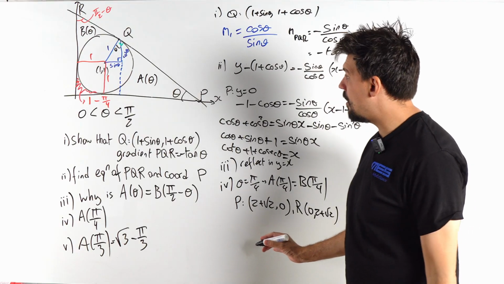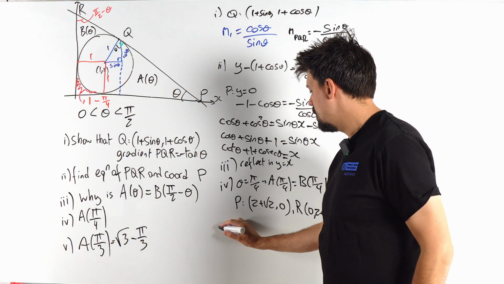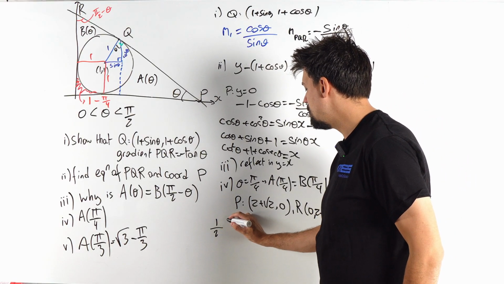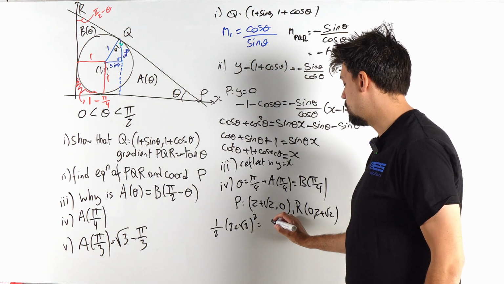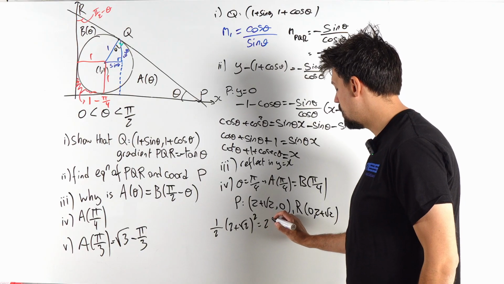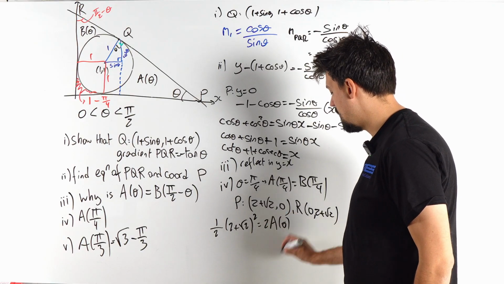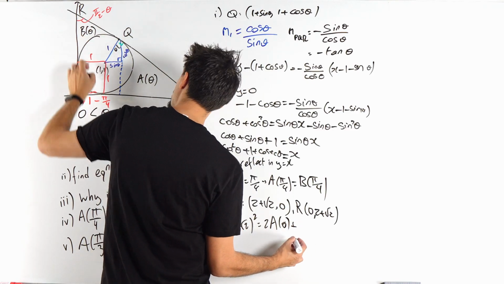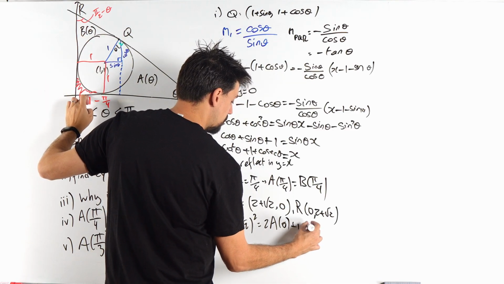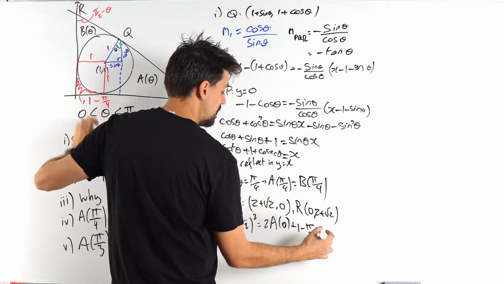So the area is now going to be the triangle, half base times height, is equal to a theta plus b theta, but we've established they're just the same things. That's 2 times a theta, plus my little red bit, plus the circle.